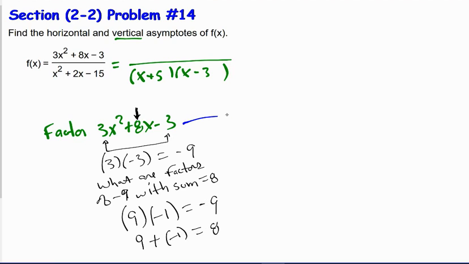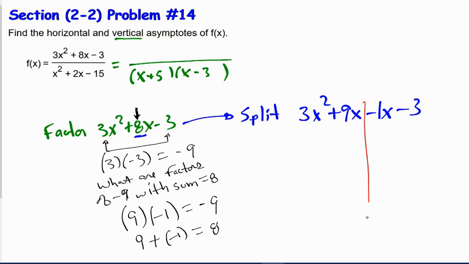And now we can split this: 3x squared plus 9x minus 1x minus 3. We see that the 9 and the negative 1 split the 8x term into 9x minus 1x, and this allows us to use something called factor by grouping.